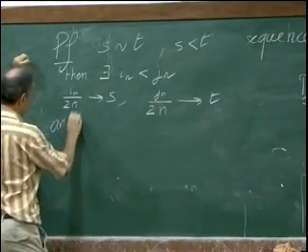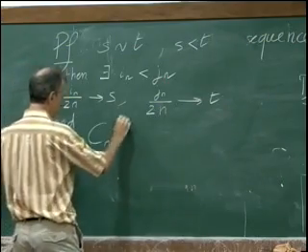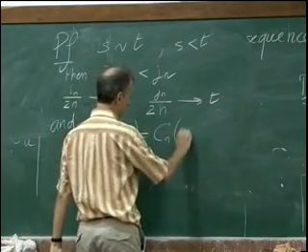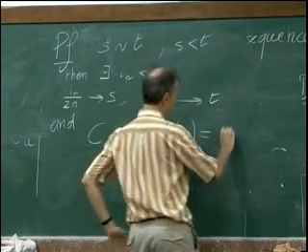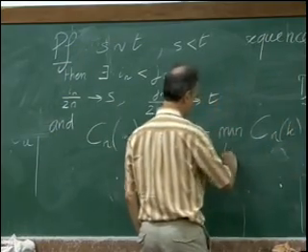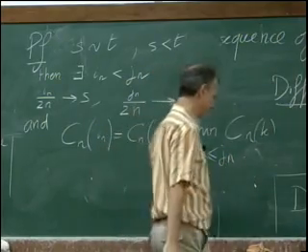And so you have the same property as here, but now for the contour. So C_n of i_n equals C_n of j_n equals the minimum of C_n of k for k between i_n and j_n.